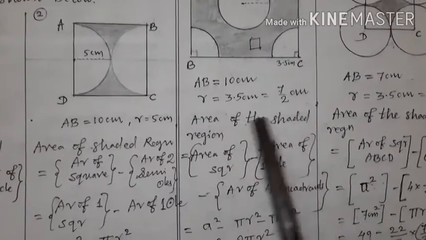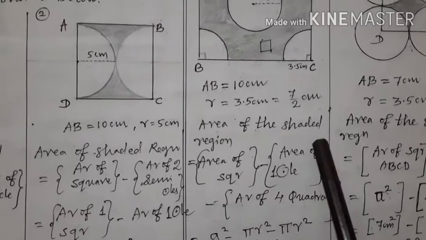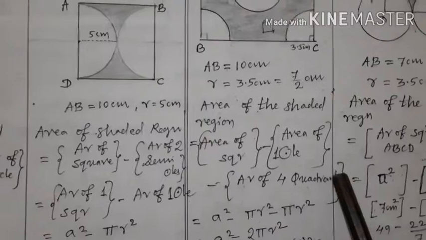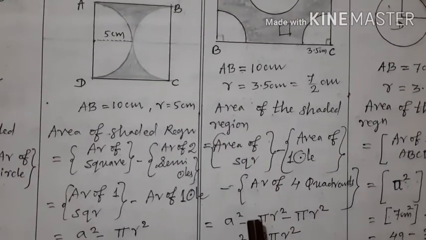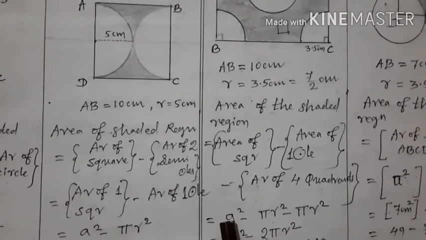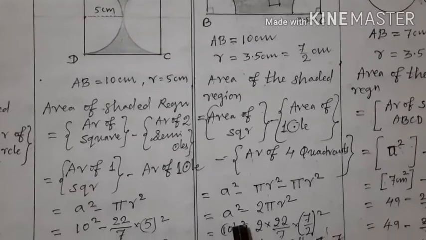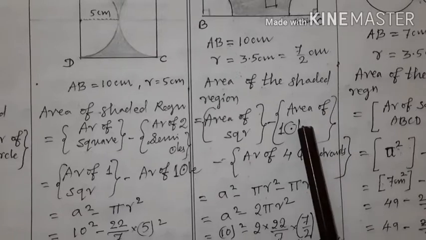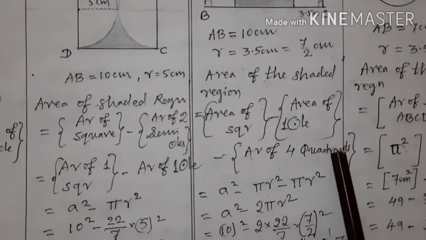But area of square is a square, where a is the length of the side of the square. That is 10 centimeter. Therefore, it becomes 10 centimeter square. Now, minus area of one circle is minus πr square, and area of 4 quadrants.